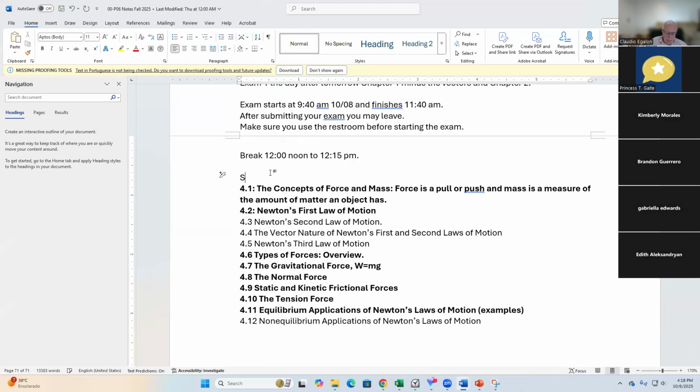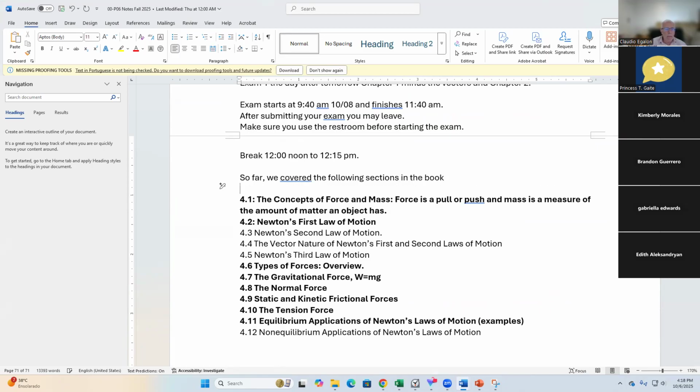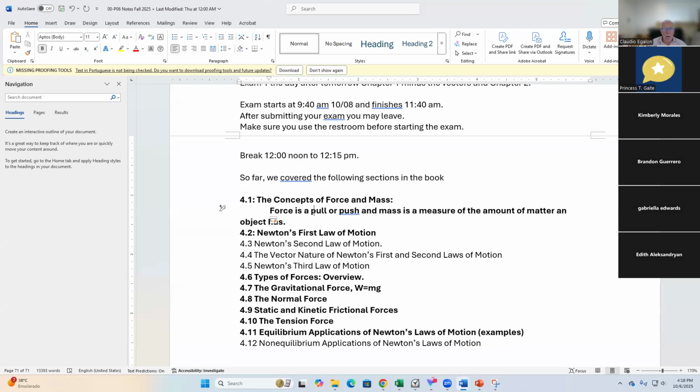So far, we covered the following sections in the book. Concepts of force and mass. Force is a push or a pull. Mass is a measure of the amount of matter an object has.